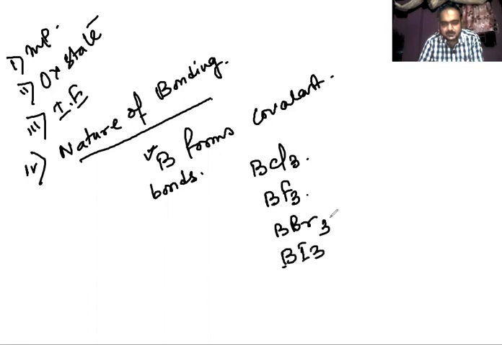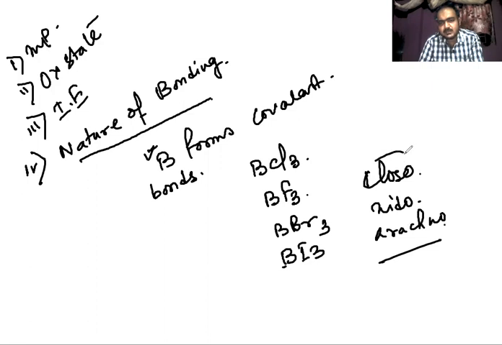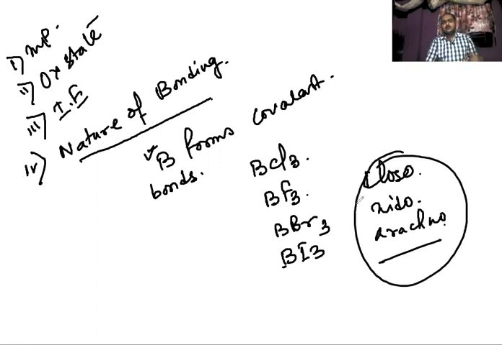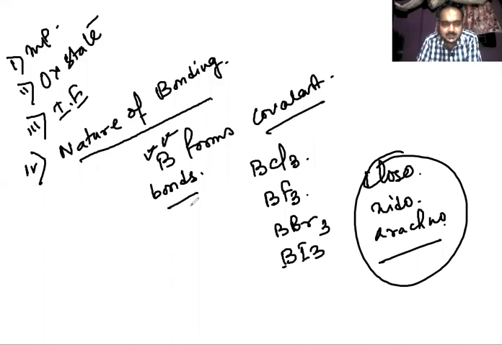Now you can also see it forms a different type of compounds: hydrides, closohydrides, nidohydrides, and arachnohydrides. We should see them in detail when we read boron particularly. So the nature of bonding in case of boron is generally covalent.